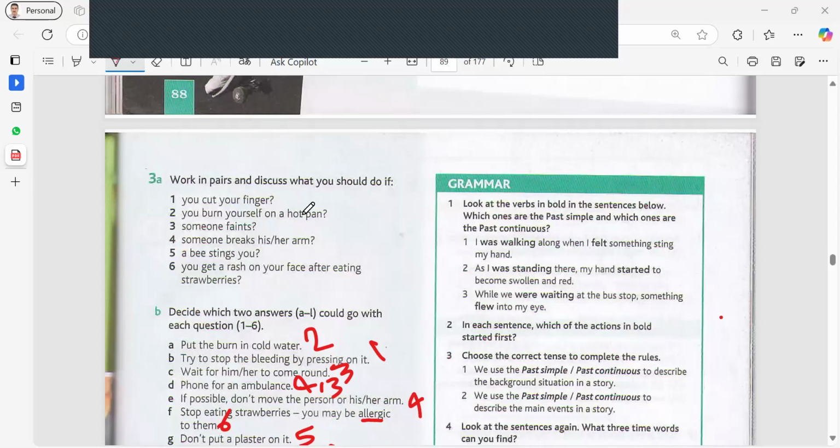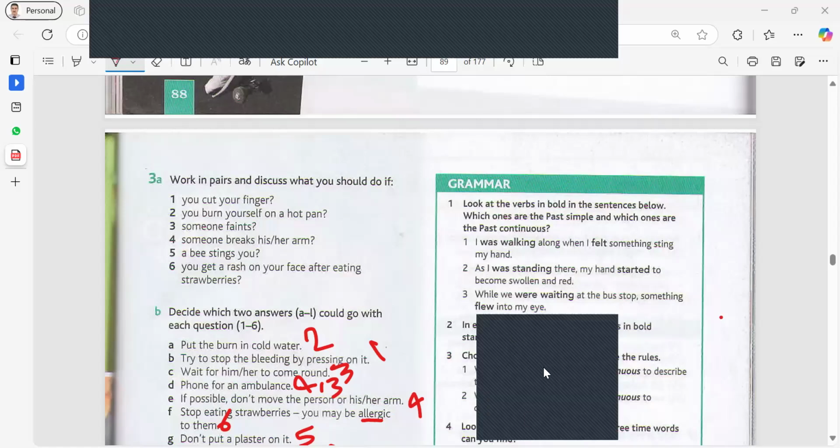I think you can call the ambulance. You can use now a sticker or something like that. Plaster. Okay, and you should see a doctor or call an ambulance. Right. Situation 2.